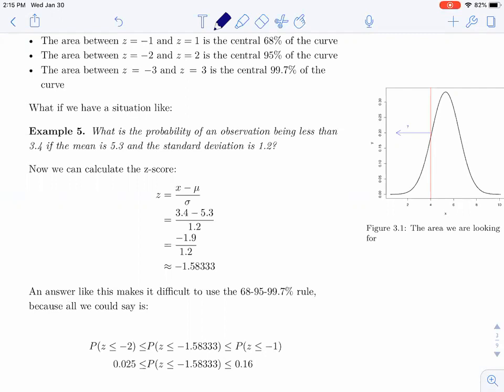And the one that I'm interested in knowing the probability of is 3.4. So that's what makes it X. Here we've got X. The mean is 5.3, so that's mu. And the standard deviation, 1.2, is sigma.